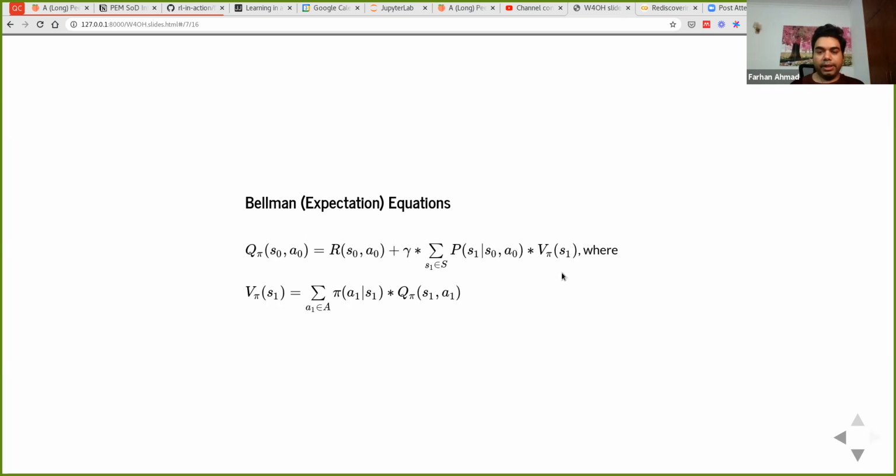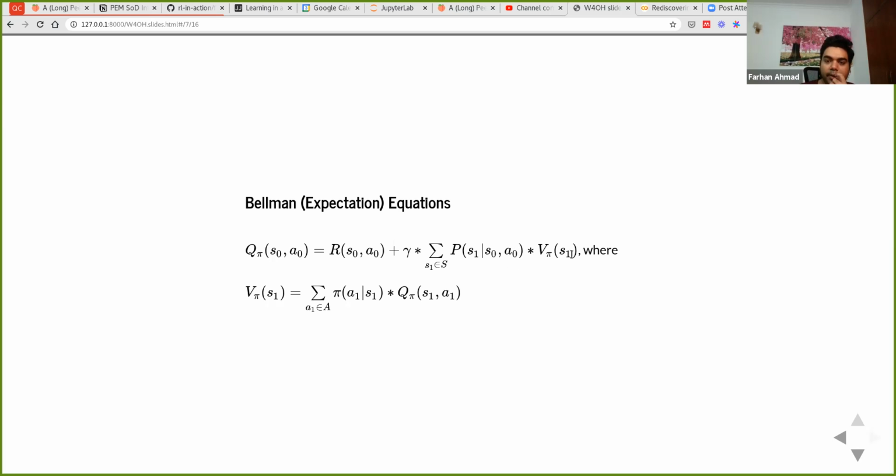What is going on over here is that we know our environment is likely stochastic. So when you take action A0 in state S0, there are many different states possible. There could be several S1s over here, right? For each of those S1s, we want to find what is called the state value, which we are representing with V, which is basically the action value if you remove the actions, the best return you can get.